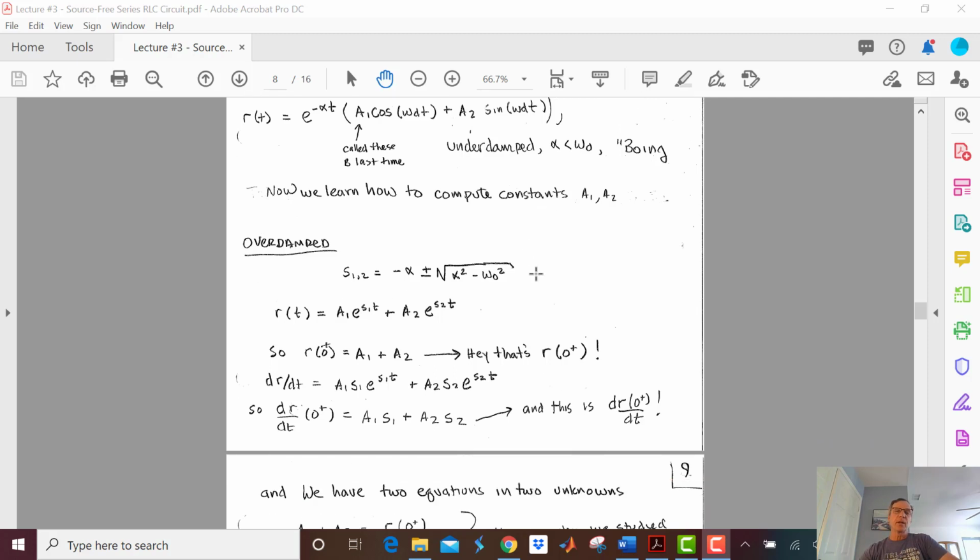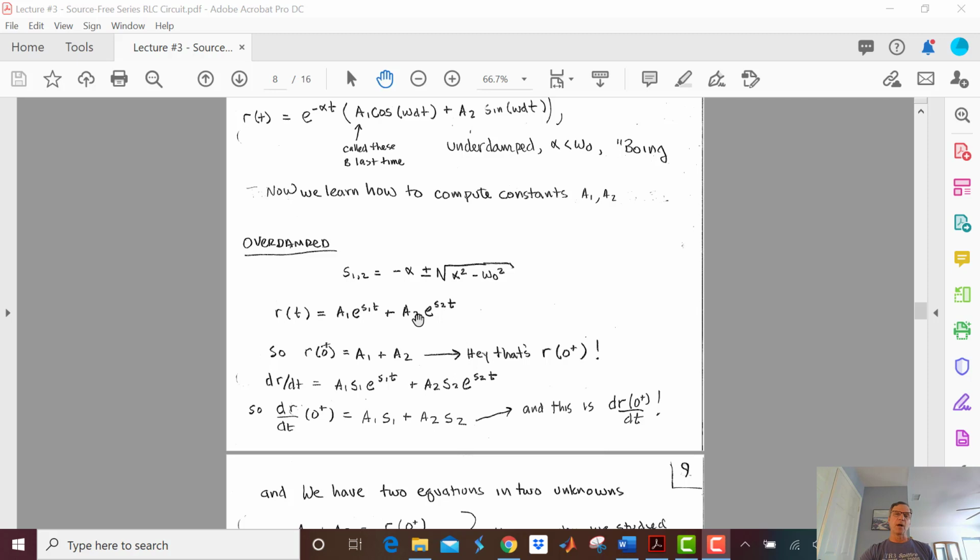For the overdamped case, we have S1 and S2. The solutions to our quadratic characteristic equation are going to be minus alpha plus what we have right here. And we have our response that's shown here. So I'm going to work backwards a little bit.